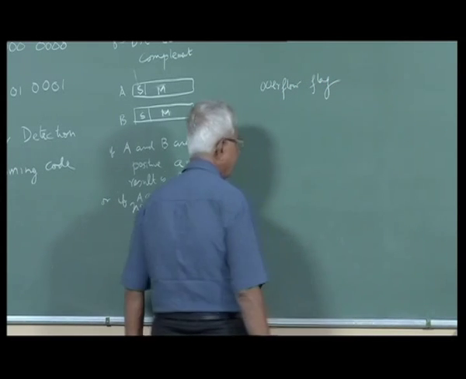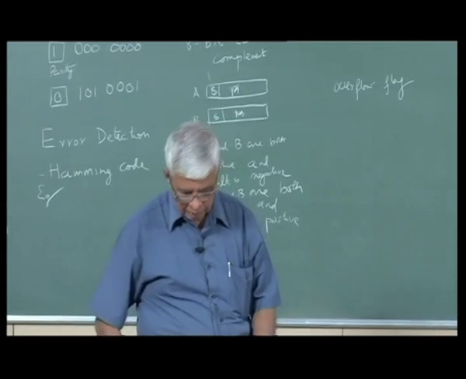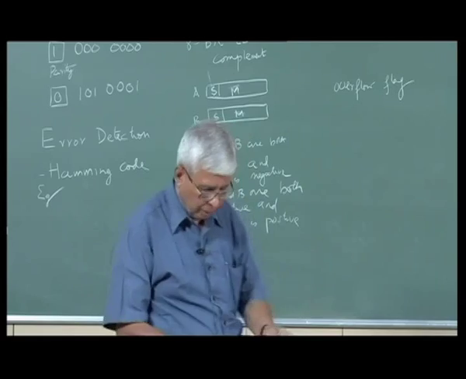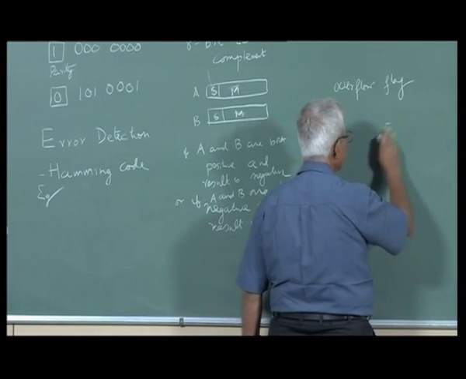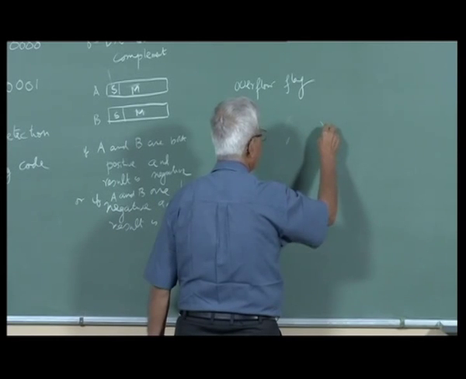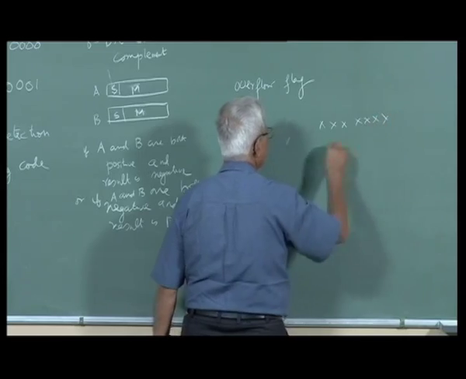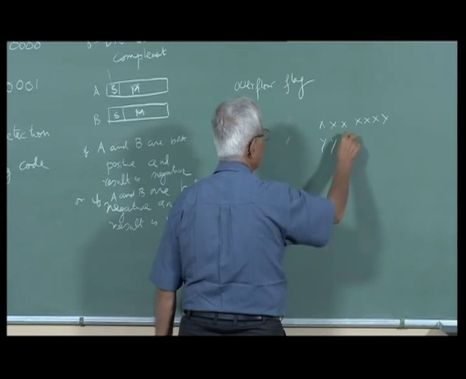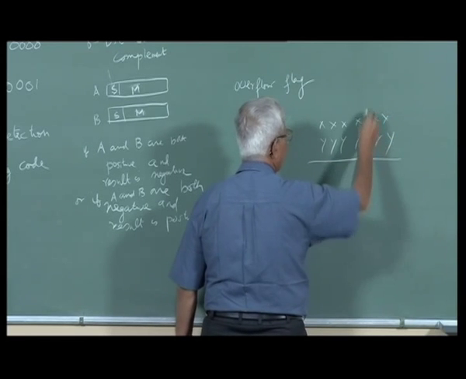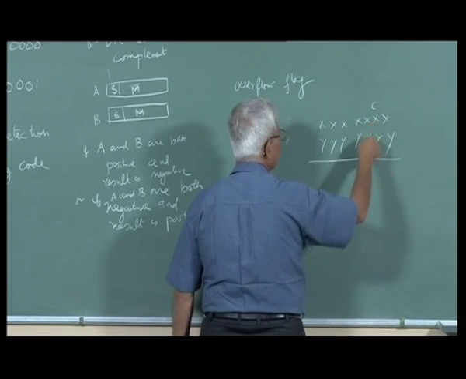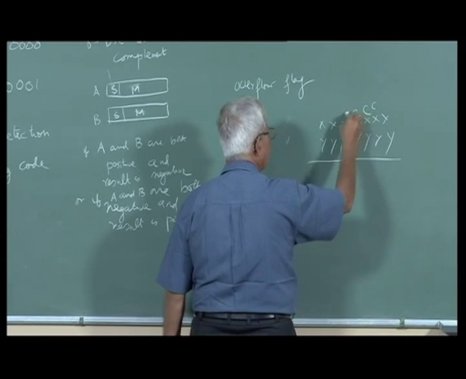This overflow flag, what it will do is, if the last carry in Cn... see this 8 bits, so I am going to start with, let us say, 7 bits, and you add them. Carry can be 0 or 1, I don't know.